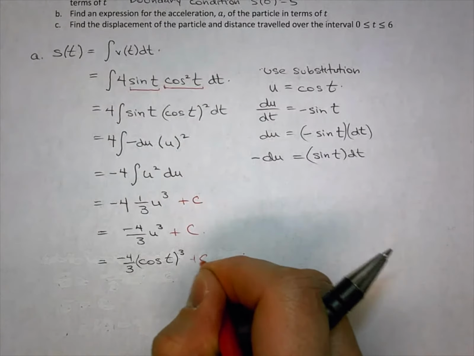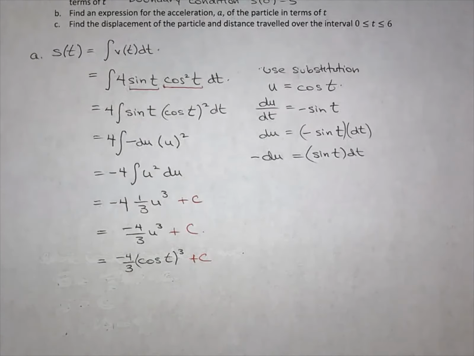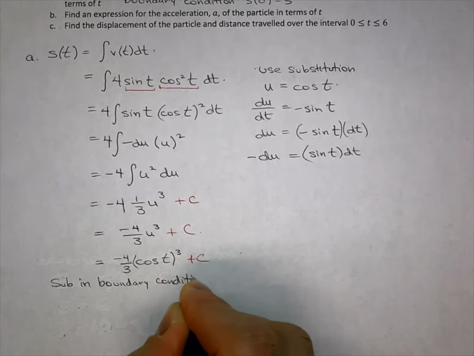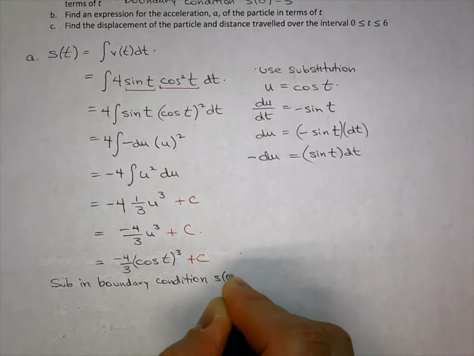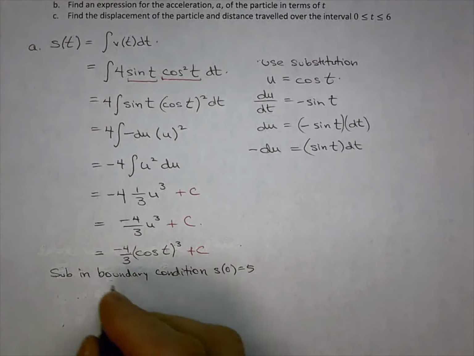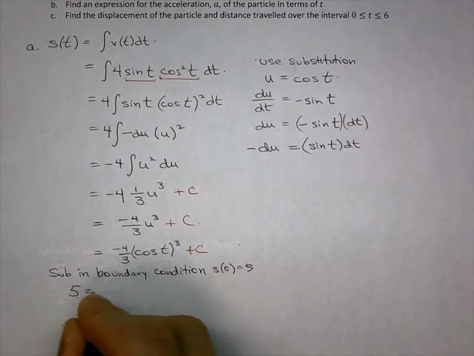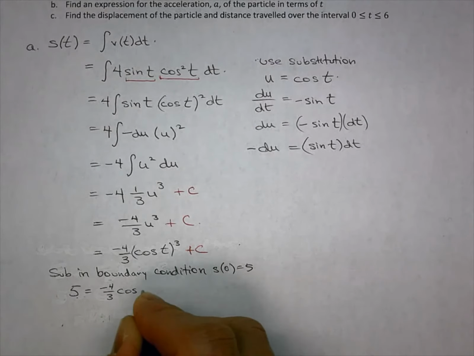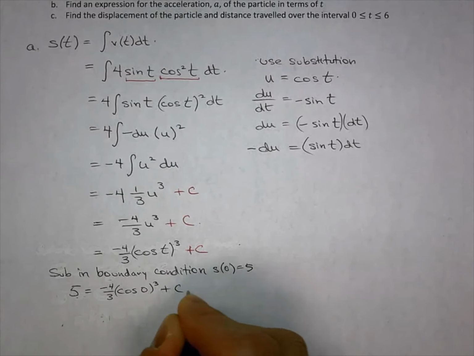Plus c. Okay, so that is not a complete answer because I need to sub in my boundary condition. And that boundary condition is s at 0 is equal to 5. So let me sub in: 5 is equal to negative 4 over 3 cos 0 cubed plus c.